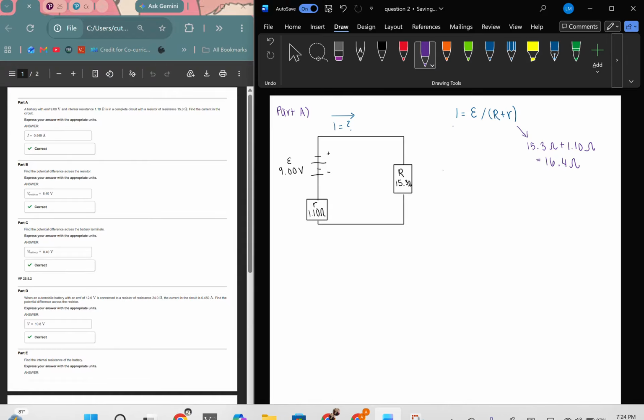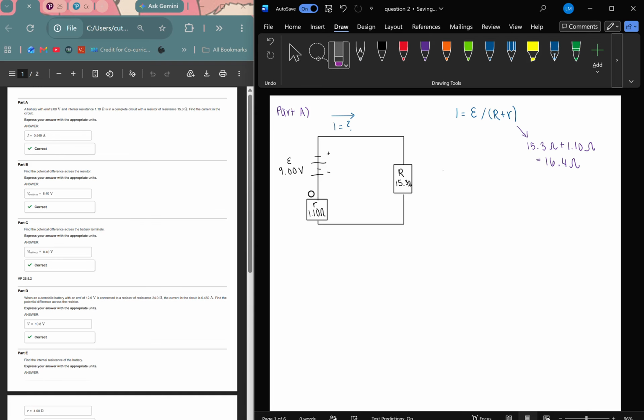We're basically trying to find I, which is the current, as asked in the question. The electromotive force is 9.00 volts. And so I'm gonna form the equation now.